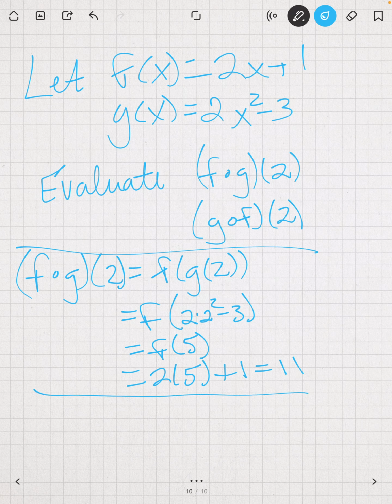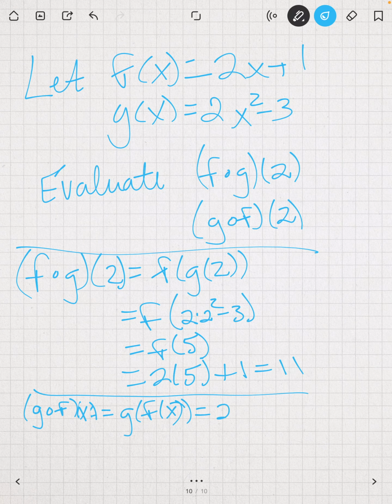The other we'll use with g compose f of x. Well, here, I'm actually at 2, but I'll leave it x because we're going to find the general form. G composed f is now where we have g of f of x, and we substitute f of x into g of x.